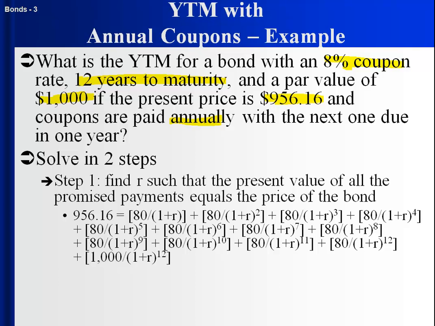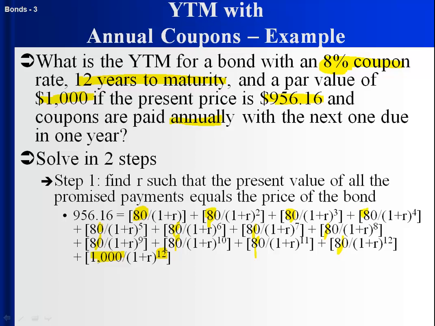And so again, 8% coupon annually is $80, 12 years, so you have 80 in 1, 80 in 2, 3, 4, 5, 6, 7, 8, 9, 10, 11, 12, dividing them all by 1 plus R to the power of how many years they're going to be, plus 1,000 at maturity, discounted by 12 periods.